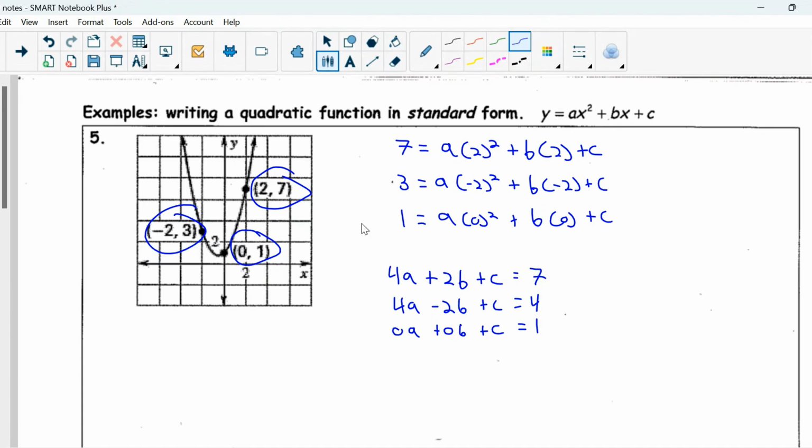So luckily for this one, my zeros in my bottom equation can cancel out pretty easily, giving me right here, c equals 1. So that honestly helps our entire process a ton. Because then what we can do is look at our top 2 equations and substitute 1 in for c, and then use elimination to solve for our missing variables.